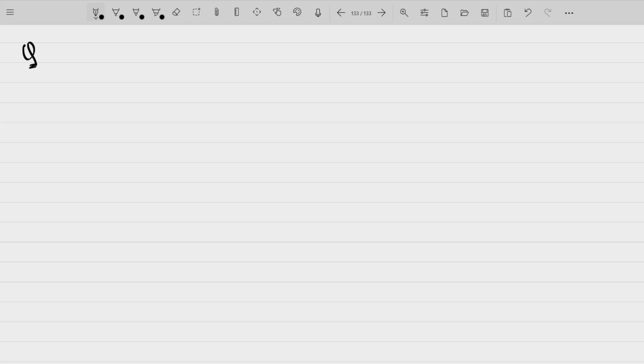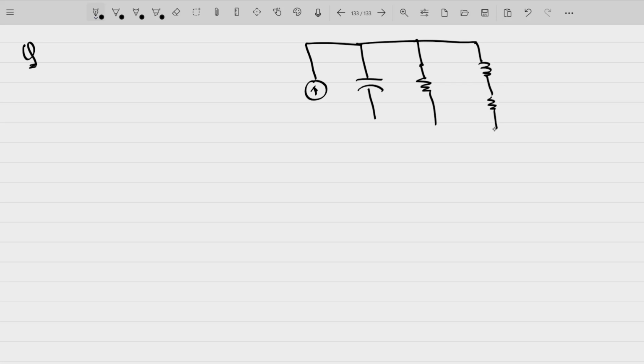Now here is your question. You have a circuit like this. Your question is to find out omega naught, that is the resonant frequency for the circuit.